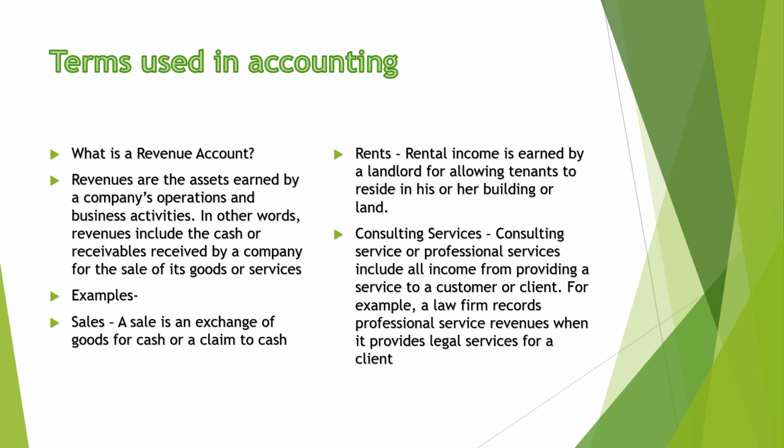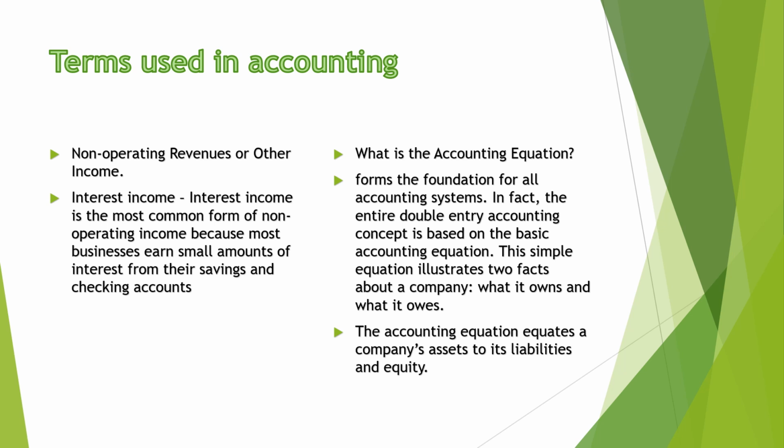These all are very simple examples of revenue accounts. So non-operating revenue or other income: interest income is known as non-operating income because this is not earned under regular operation. What is the accounting equation?